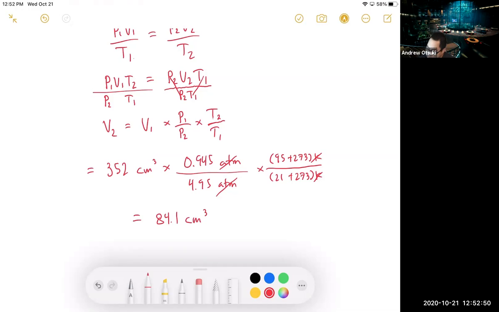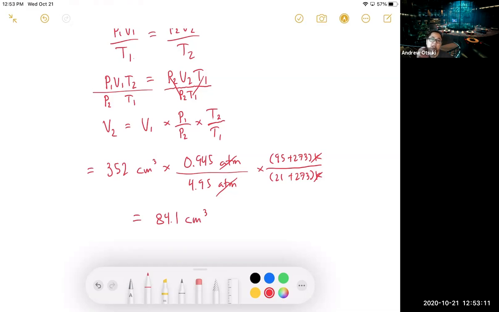So our pressure went up, right? So our volume should decrease, so that makes sense. Our fraction is less than 1. And for our temperature, our fraction should be greater than 1, right? Because if our temperature increased, our volume theoretically should increase.